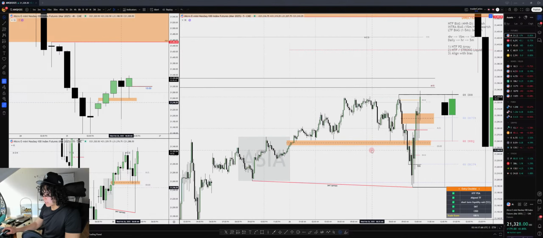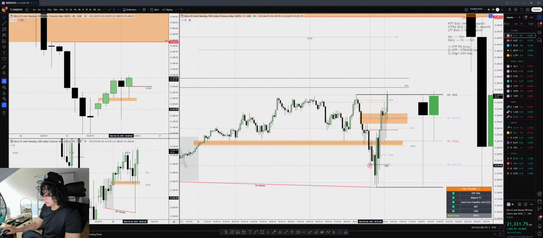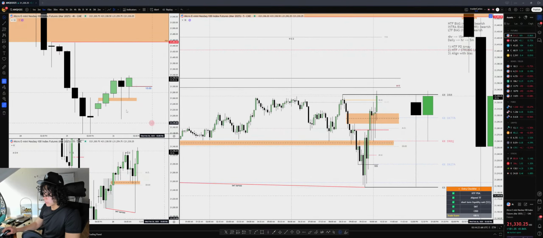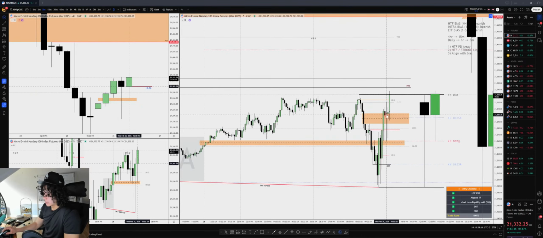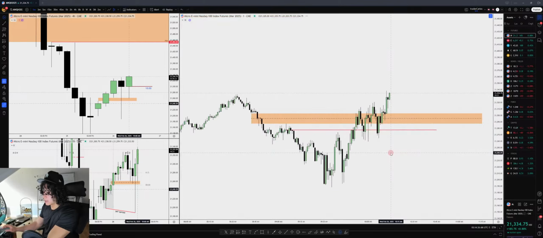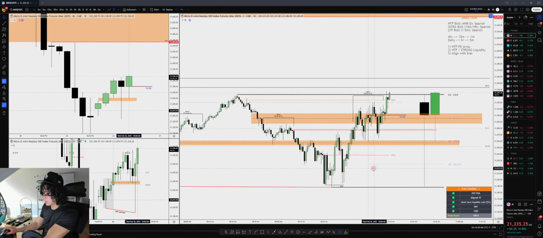Honestly, these highs were definitely the cleaner target just because we had this 4-hour imbalance and daily fair value gap above. But in terms of price delivery, it was pretty choppy to get up here because we had these wicks, and it was very, very choppy on this macro, especially the 950 to 1010 macro.